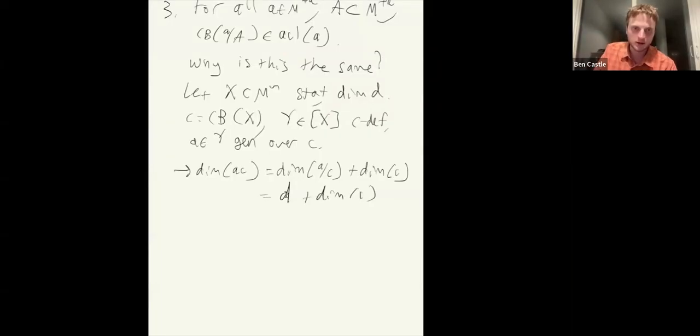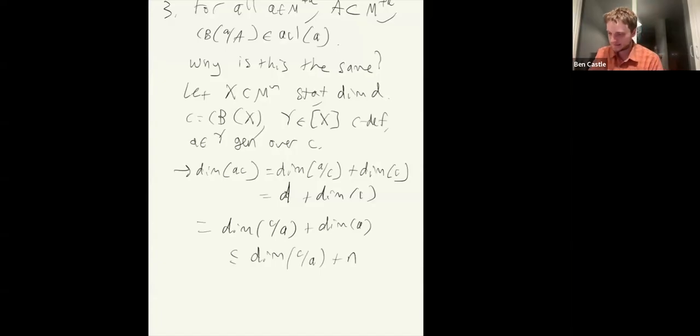Okay. On the other hand, if we break it up the other way, it's the dimension of C over A plus the dimension of A. And A comes from this ambient space, right? So the dimension of A you can bound. It's at most n because it's in M to the n. So it is at most the dimension of C over A plus n. Right?